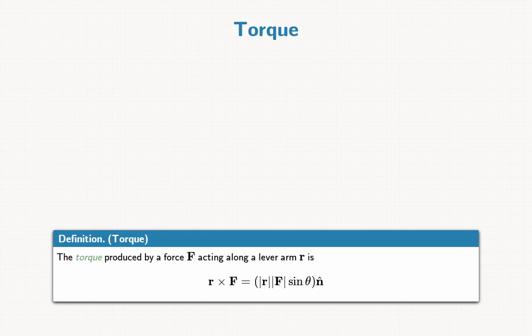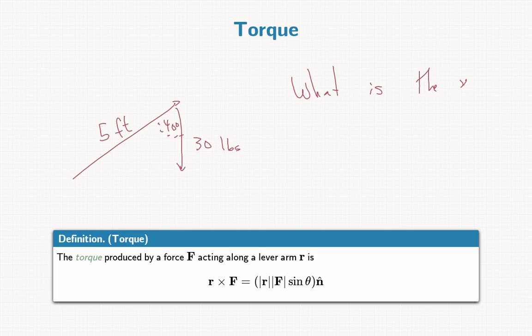So let's say, for example, we have a 5-foot lever arm. We apply a force to that of 30 pounds. The angle between them is 40 degrees. And we're asked, what is the magnitude of the torque produced by this twisting?